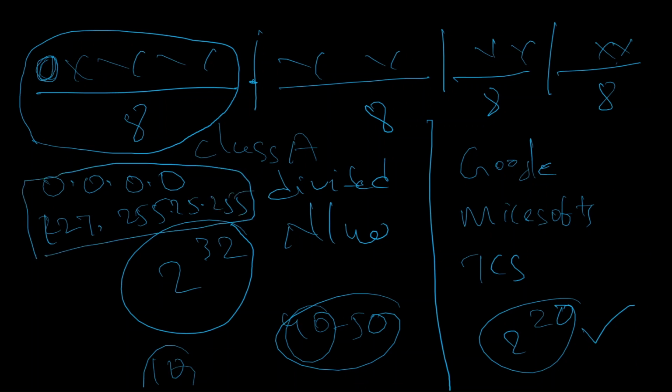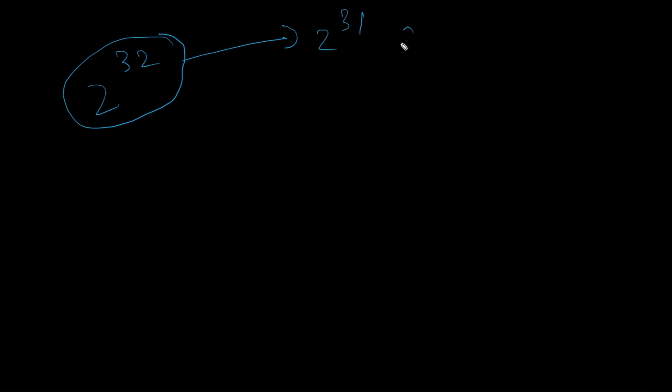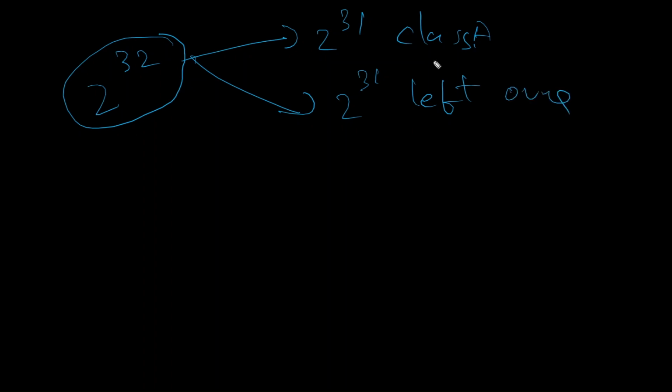In total there are 2 power 32 IP addresses. In that we are giving half, which is 2 power 31, to class A, and 2 power 31 are leftover IPs.